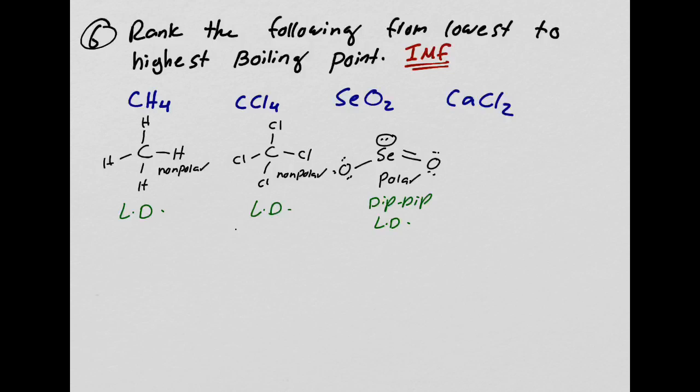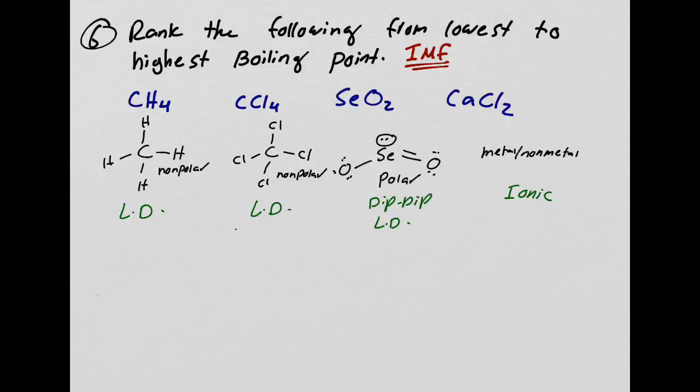Now, calcium chloride, that's a metal and a non-metal together, right? That makes it easy. Every time you have a metal and a non-metal together, you don't have to go any farther than that. You go, oh, that's ionic. And I mentioned before, count hydrogen as a non-metal when you're doing that. So that's ionic. What is my highest IMF?